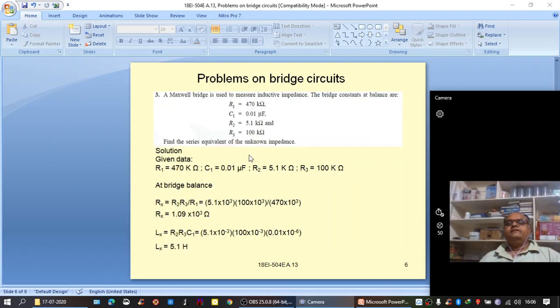Then, third example, a Maxwell bridge is used to measure inductive impedance.